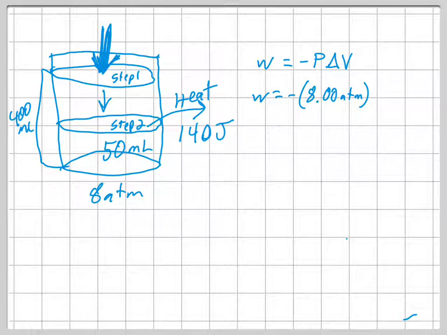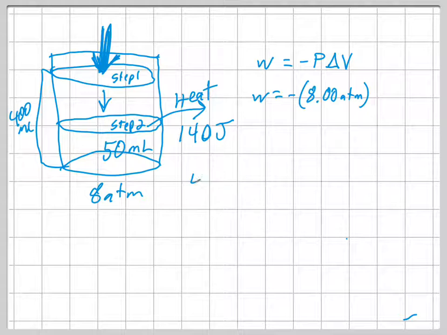Well, the change in the volume goes from 400 to 50, so it would be 400 minus 50 milliliters, which would give us a total change of negative 350. I did that backwards.